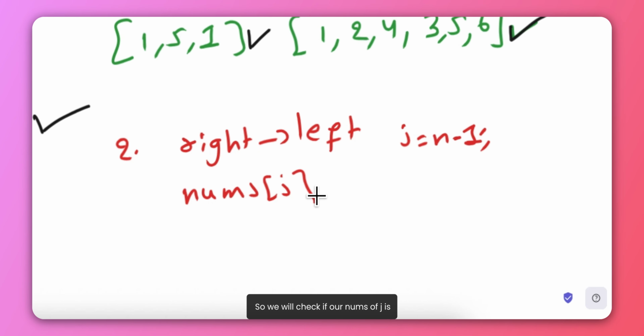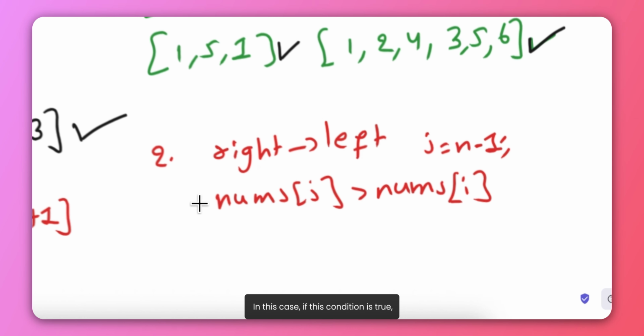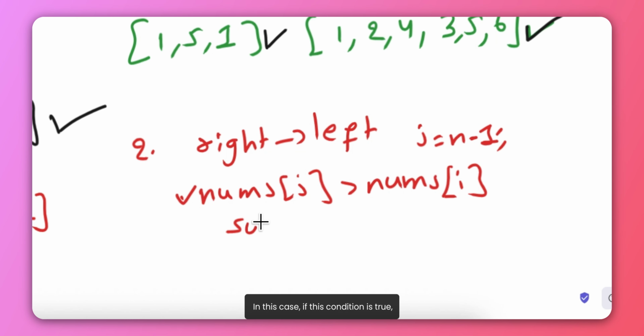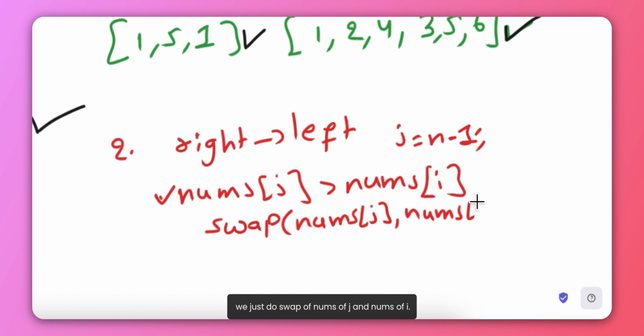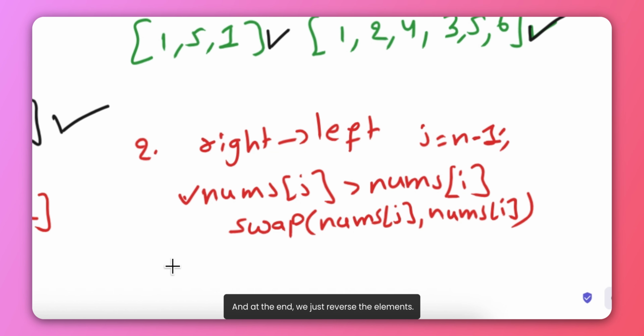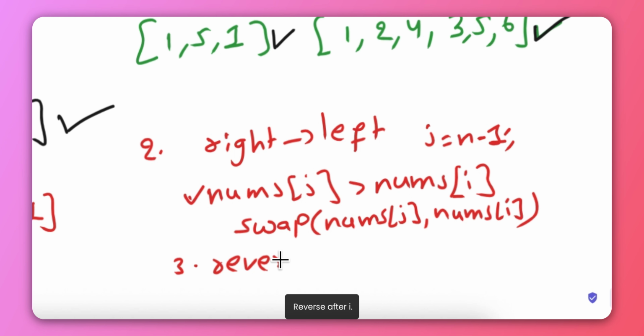So we check if nums of J is greater than nums of I. If this condition is true, we just swap nums of J and nums of I. And at the end, we just reverse the elements after I.